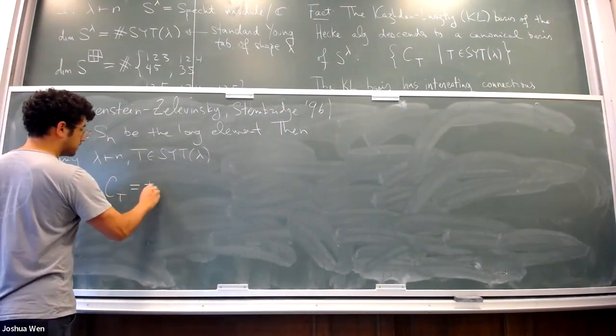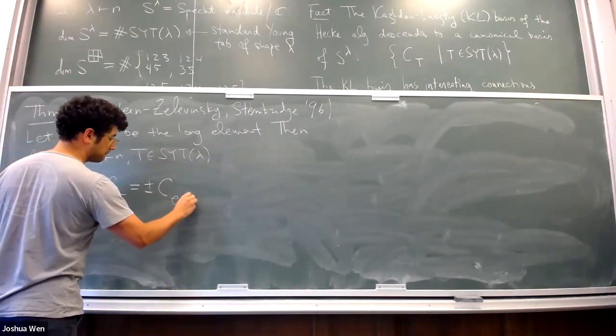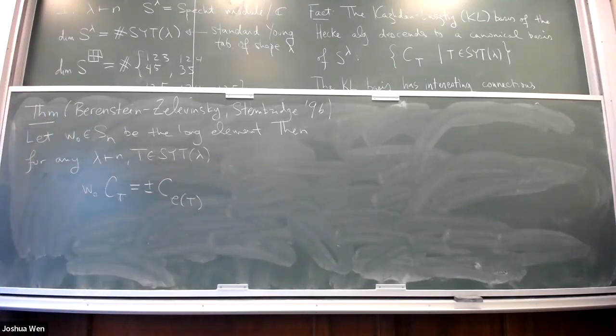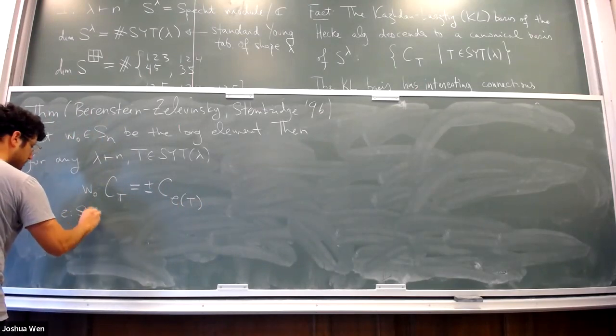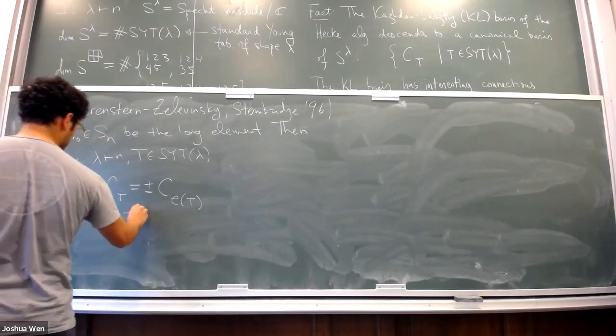It's, up to sign, another Kazhdan-Lusztig basis element, C of E(t), where E is called the evacuation operator, or Schützenberger involution, on tableaux.